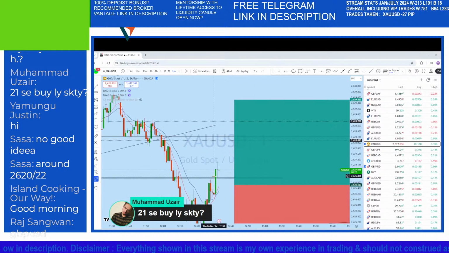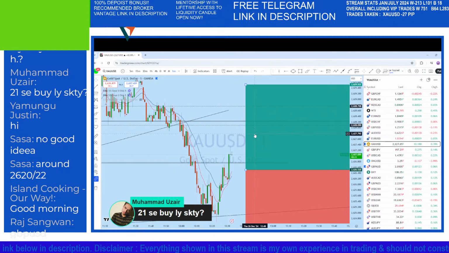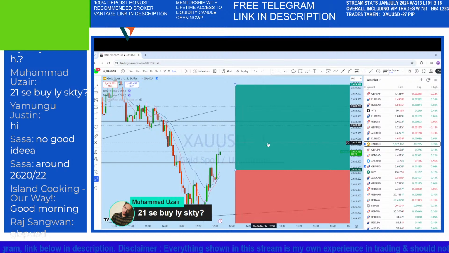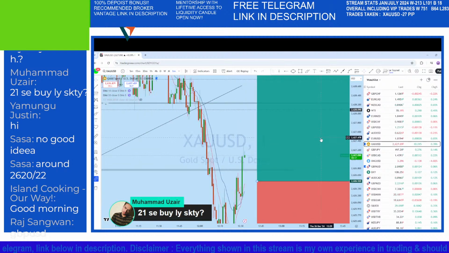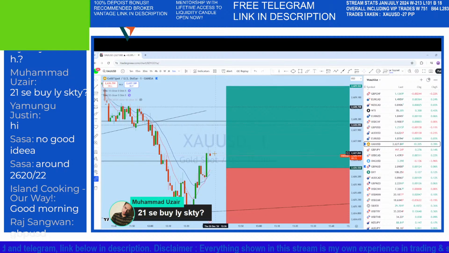Here is a bullish candle, doji, expecting the market to trend to the resistance line. An inverted head and shoulder formation, and then to return back to the upside.